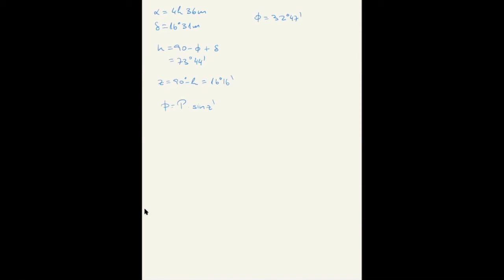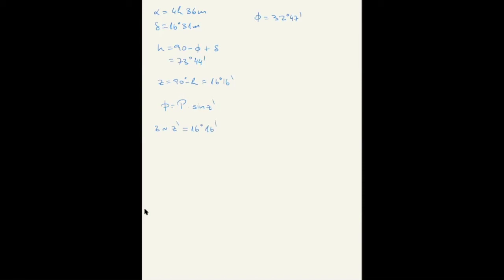Now, the geocentric parallax shift is the horizontal parallax times the sine of the apparent zenithal distance. Now, we only know Z, which is the true zenith angle, but let's take a first guess. Let's say that Z is approximately equal to Z prime, which is 16 degrees and 16 minutes as a first guess.